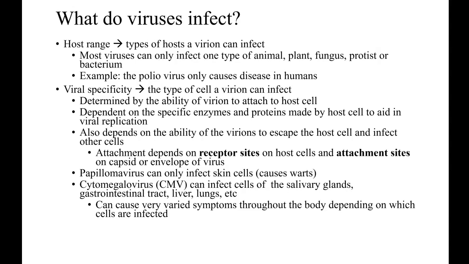In order for it to replicate, it has to adsorb. So if the receptors on that host cell do not bind with those capsomeres or those spike proteins, then it's not going to be able to adsorb. Those receptor sites are going to be very specific. So that's why viruses sometimes are very specific with the species that they will infect.